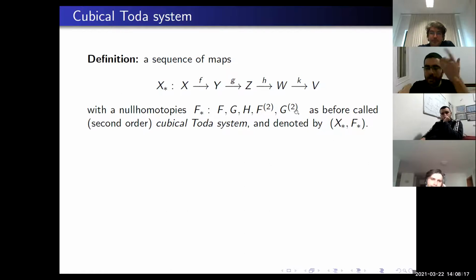You know, so one can imagine if we have 5 maps, we must have 4 first order null homotopies, 3 second order null homotopies, and 2 third order null homotopies. You see, so this is called the Toda system. It's all the information we need to build the Toda.